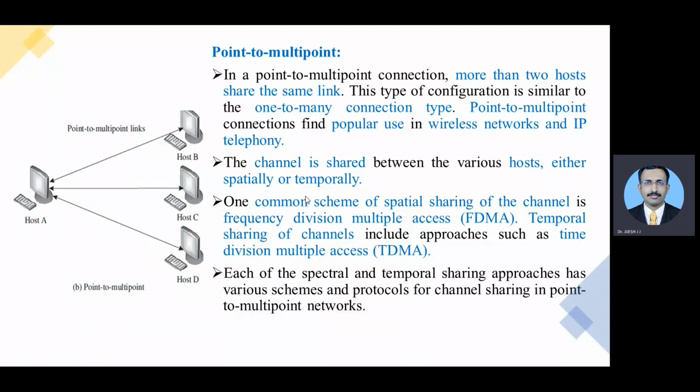In point to multi-point, more than 2 hosts share the same link. In the previous figure, you are connecting only one host. Here you can see more than 2 hosts share the same link, A connected to B, C, and D.